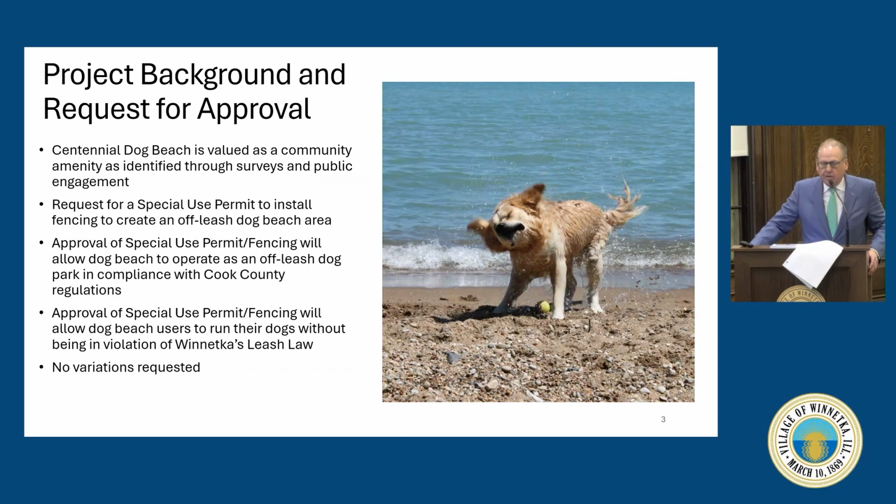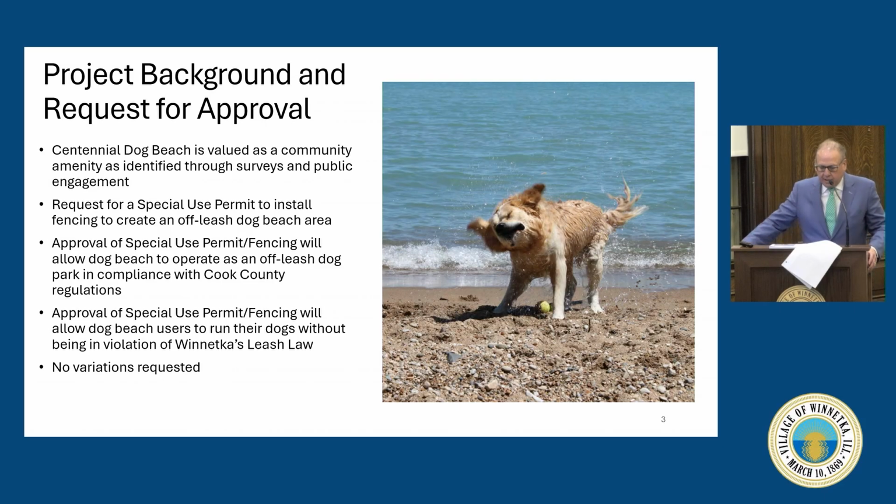Again, the request before you is for a special use permit. The way things work in Winnetka, as you know, you go first to the Plan Commission, then to the Zoning Board, and then ultimately to the Village Council for a final decision. The request is to install fencing to create an off-leash dog beach area and to operate that dog beach as an off-leash area.